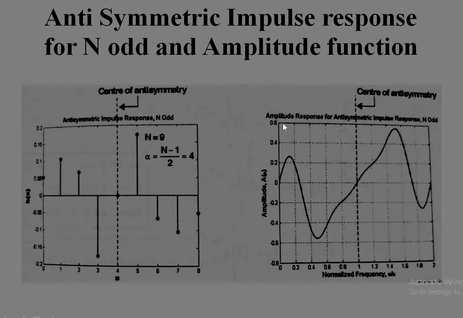We are able to see that once again the amplitude function is anti-symmetric with respect to ω equal to pi, where the impulse response is also anti-symmetric for N an odd number with its center of symmetry lying at (N minus 1) by 2.